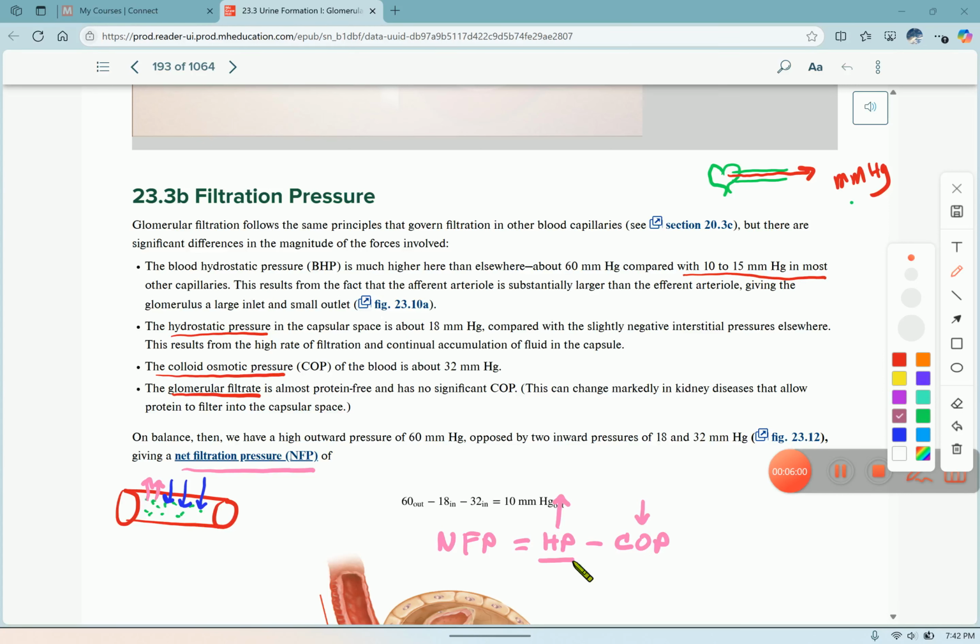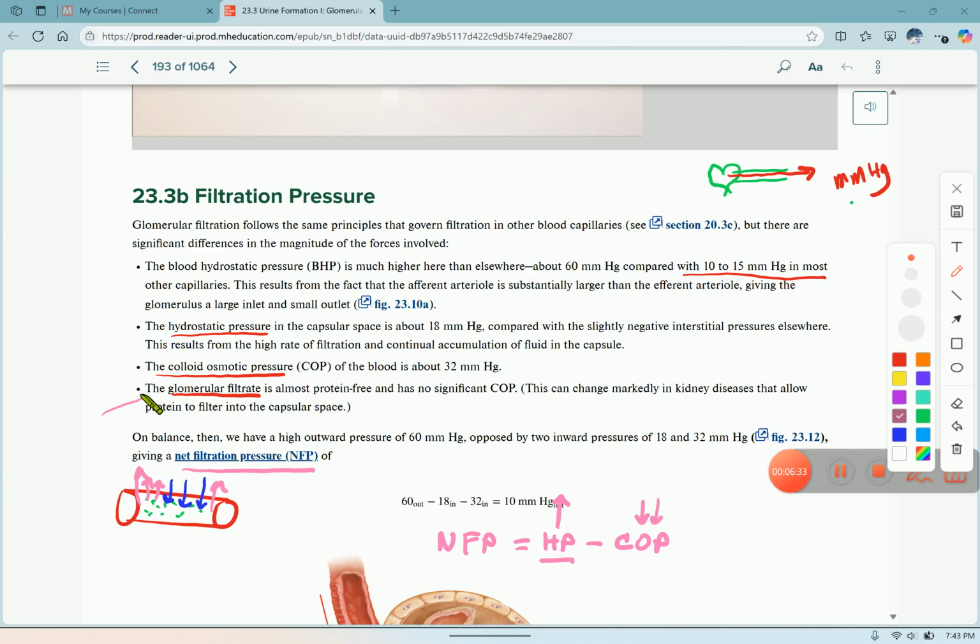All right, so one more time, hydrostatic pressure is the outward force, so fluid leaving the tube, and it is stronger than the inward pressure, which is the colloid osmotic pressure. Okay, so fluid will move out of the capillary, so that's filtration. If the inward force is stronger, fluid will move back into the capillary, so that's your reabsorption.